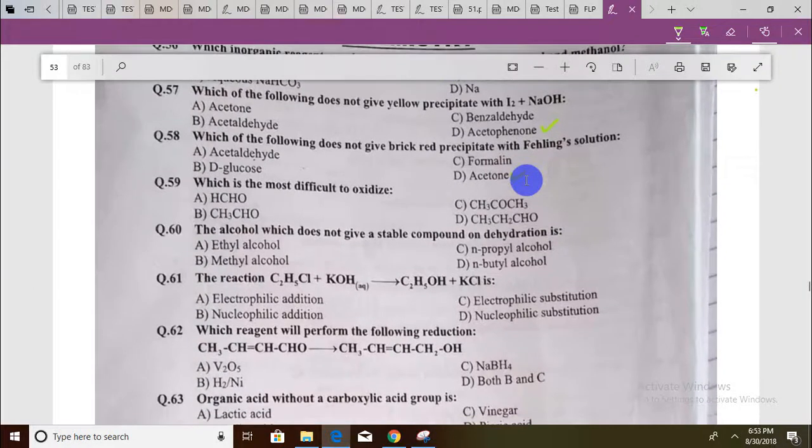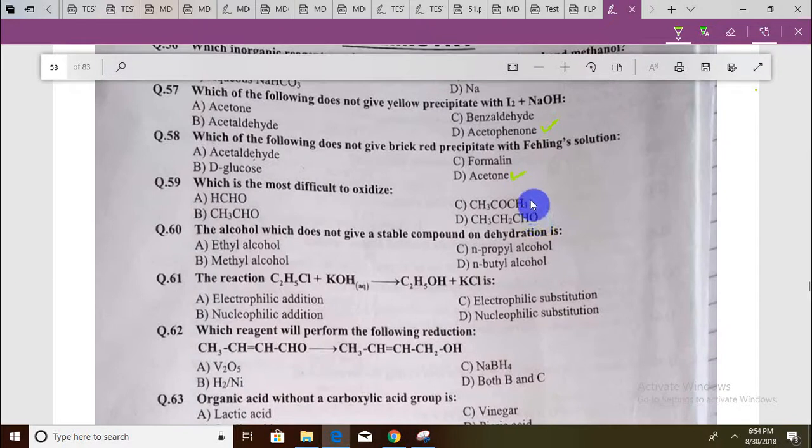So which is the most difficult to oxidize? Formaldehyde is the easiest. Then we have acetaldehyde, propylaldehyde, and acetone.